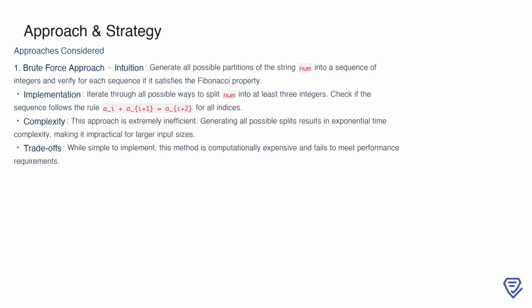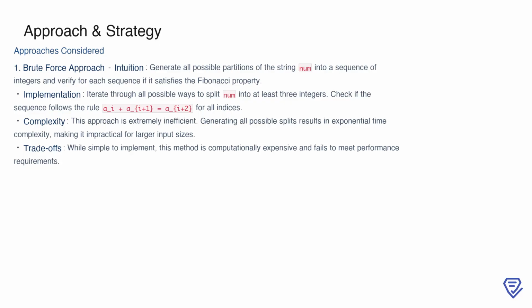To start, let's consider the brute force approach. The idea here is straightforward: generate all possible ways to split the input string, number, into at least three integers, and then check whether each sequence satisfies the Fibonacci property. The property requires that every number in the sequence is the sum of the two preceding numbers.